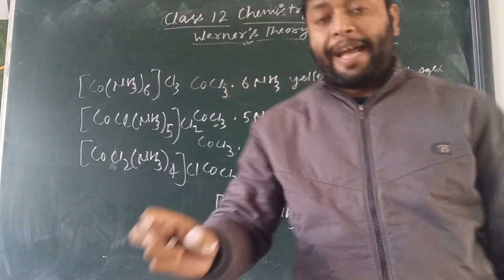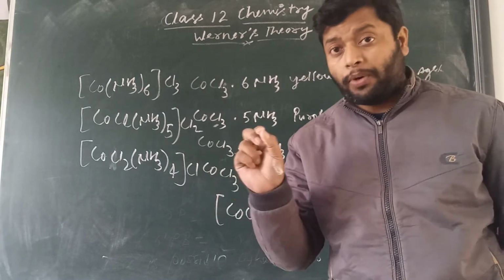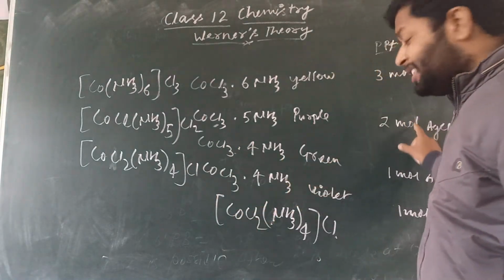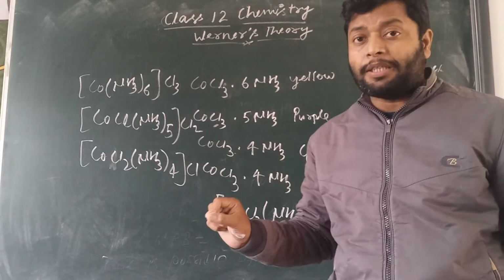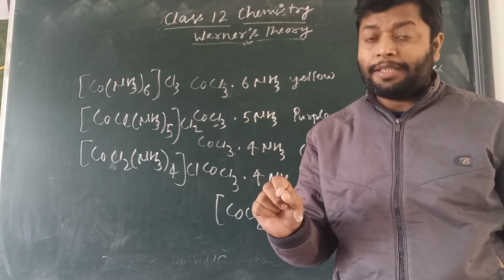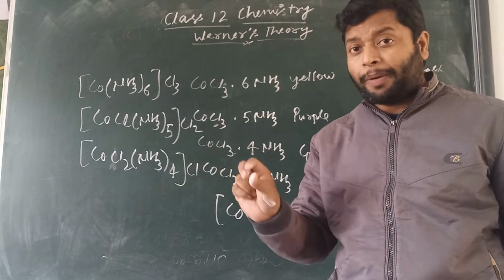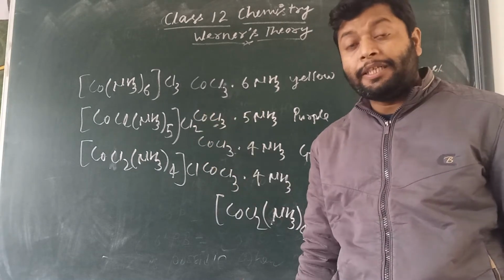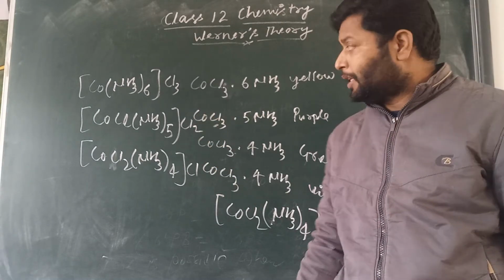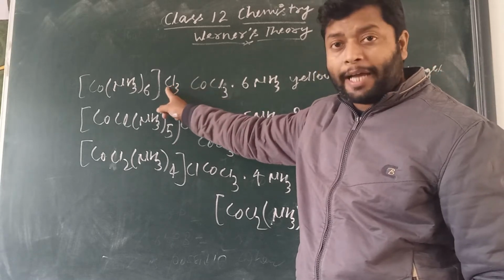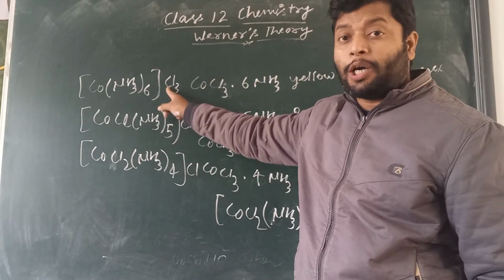So the experimental observation confirmed that the number of precipitates always depends upon the primary valency, the counter ions. All those ions which satisfy the complex neutrality, complex charge. So the 3 Cl are outside, that is called counter ions.